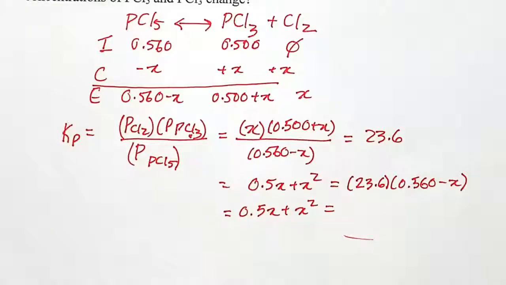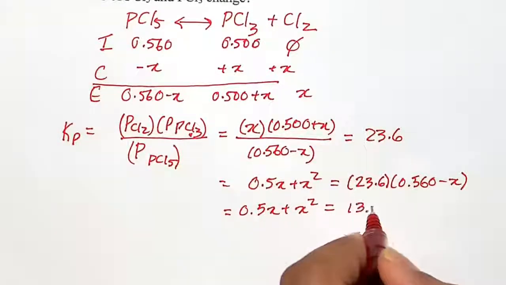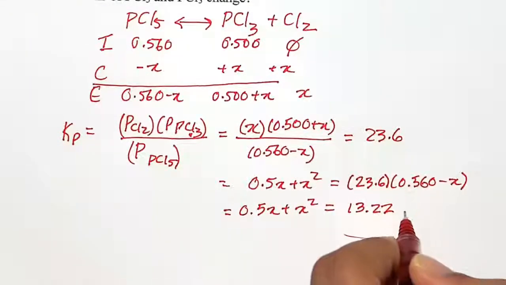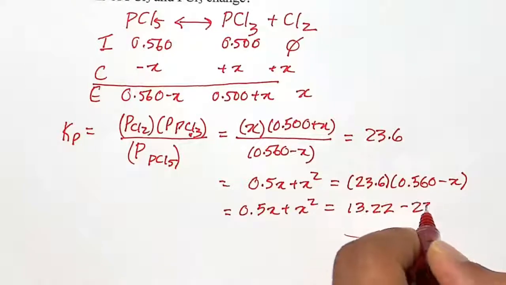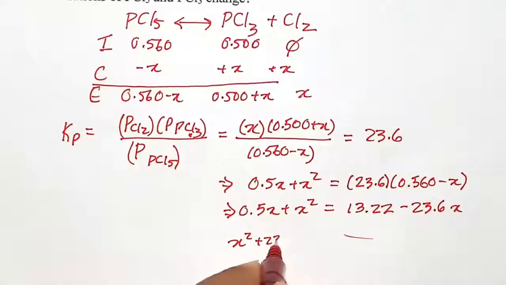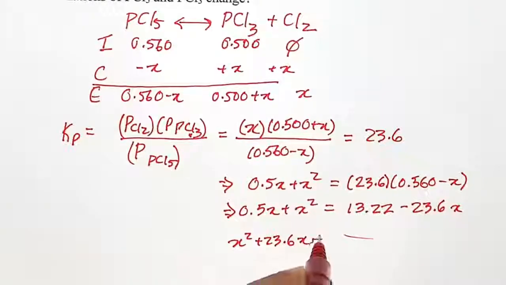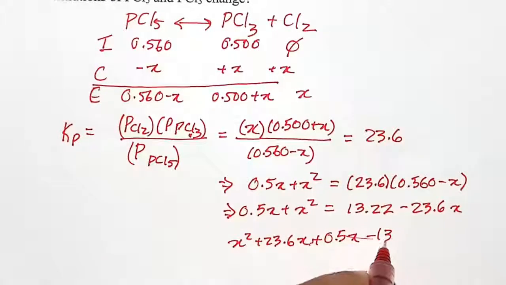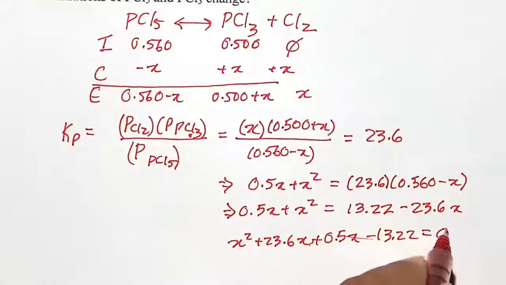When I distribute this, I'm going to get 13.22, since 23.6 times 0.560 is that value, minus 23.6x. Now I'll put all my x terms on one side. We get x squared plus 23.6x plus 0.5x minus 13.22 equals 0.